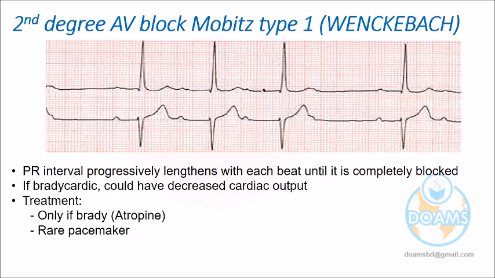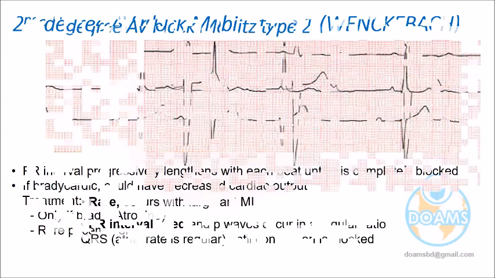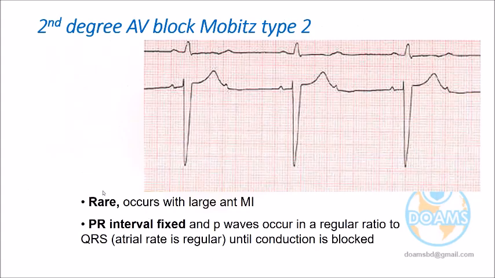Now come to the second slide. What is the observation here? There is a drop beat. Am I right? Everybody clear? Yes. But what happened to the PR? Is it progressively increasing? No, it's not progressively increasing, and it may be prolonged or may not be prolonged.